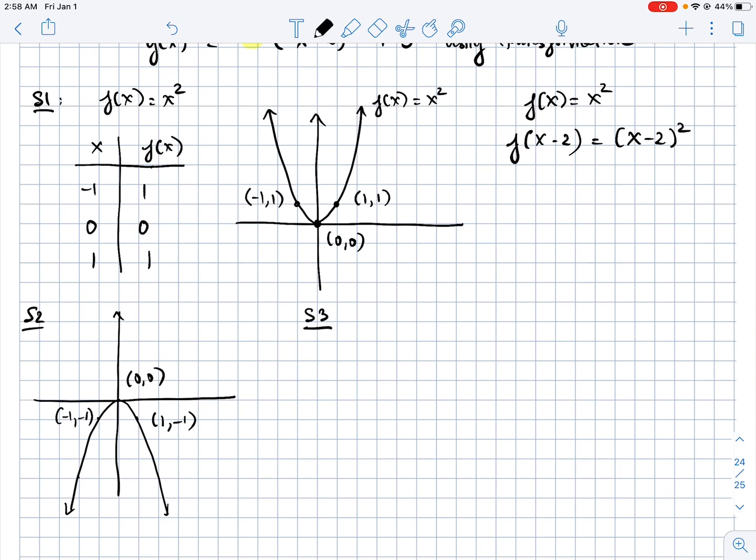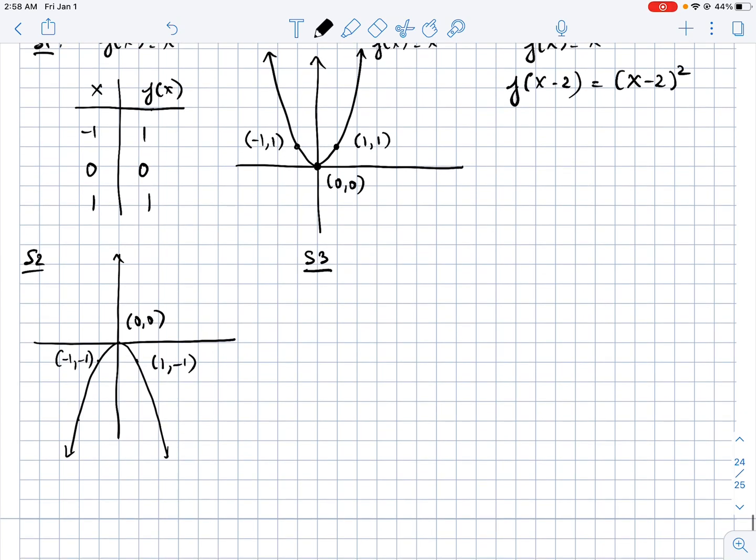And then we're going to move to the right, which is x minus h. So we move to the right 2 steps. So step number 3, we fill out the function f of x equal minus x squared. And then we will move to the right 2 steps.